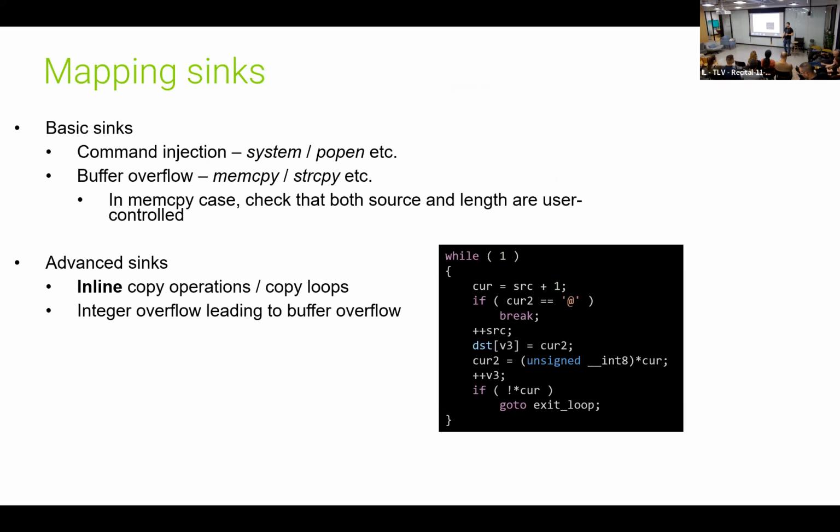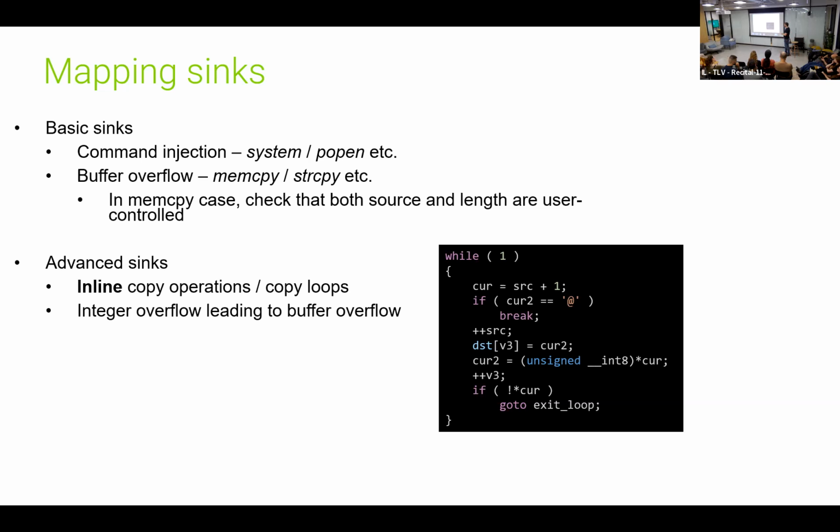So now you have your list of sources, so you know where to start from, but you need to know where to end. This is actually usually easier. You take each type of vulnerability and define which functions are the dangerous functions for it, and usually finding these functions is not so tough.